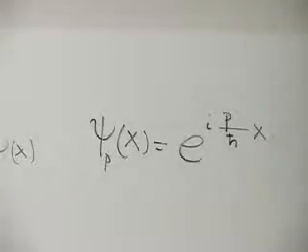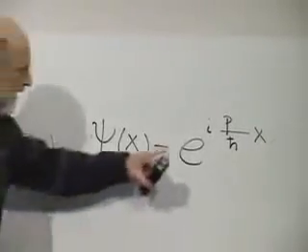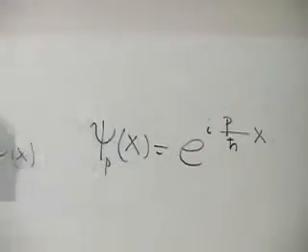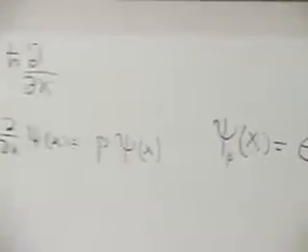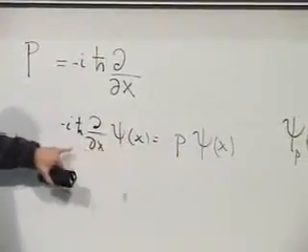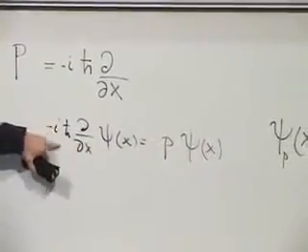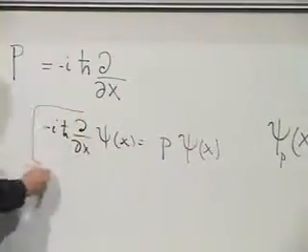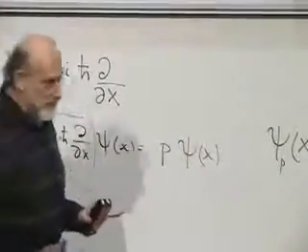The wave function associated with a particle of momentum p is e to the i p over h bar x. To check that, we check that this psi of x is an eigenvector of the appropriate operator. Now, why this is called momentum is another question.